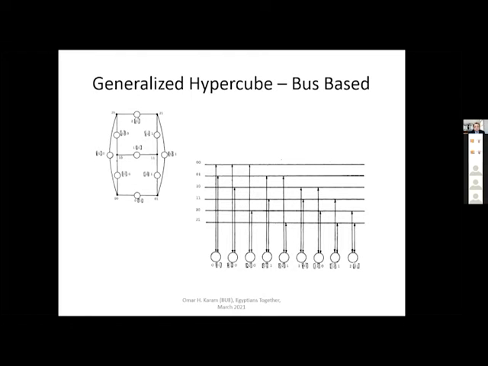That's another type of implementation of the hypercube, which is bus-based. These are buses to transfer the data. And then these processors are hooked up to different buses so that we can guarantee that there's a path from one processor to any other in a minimum number of hops from one bus to the other.